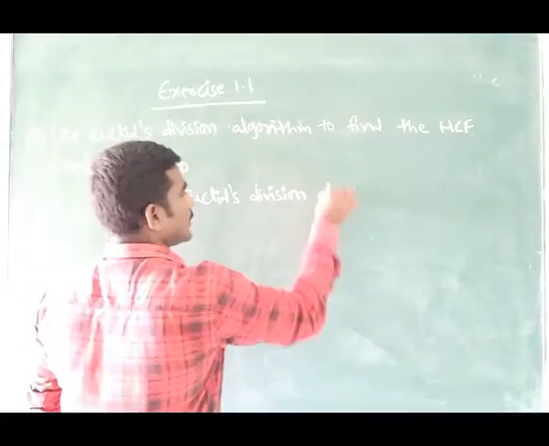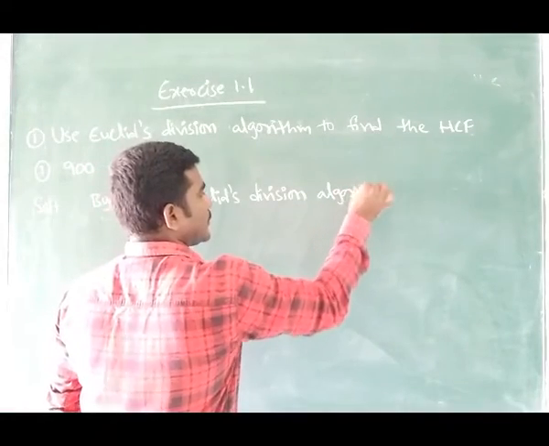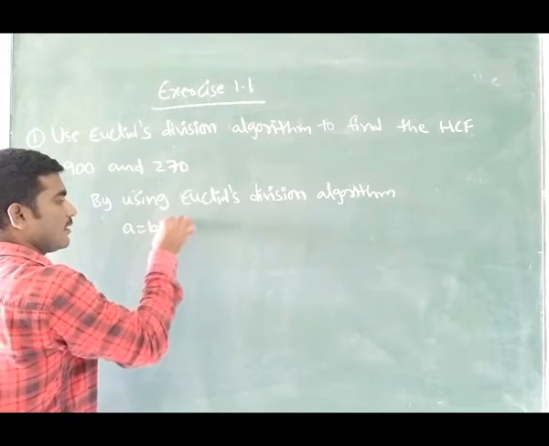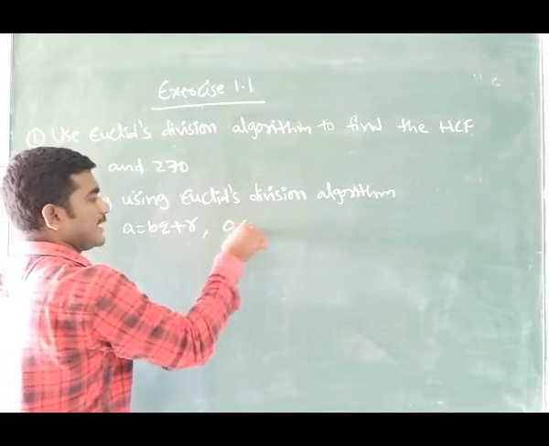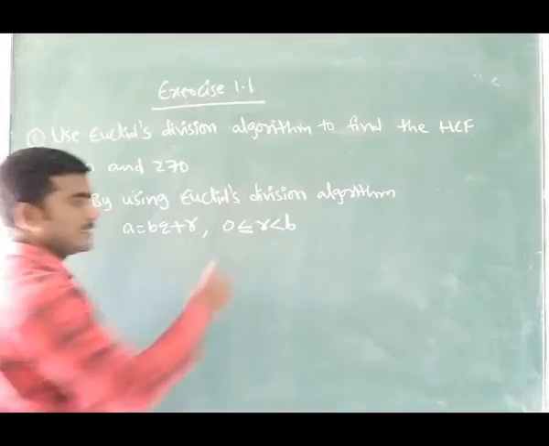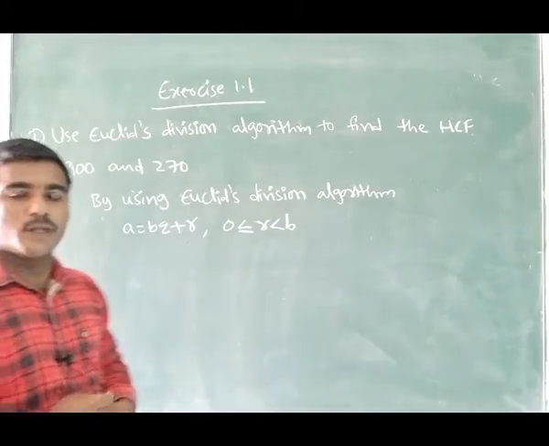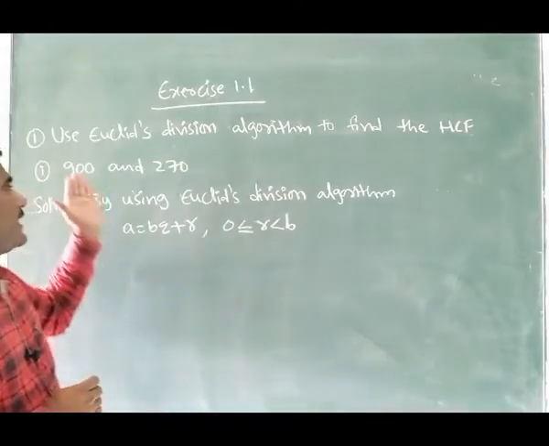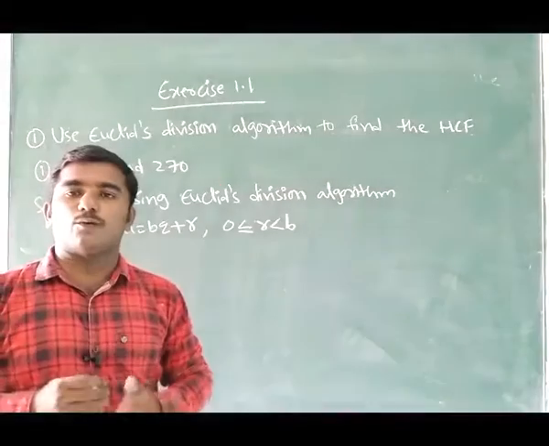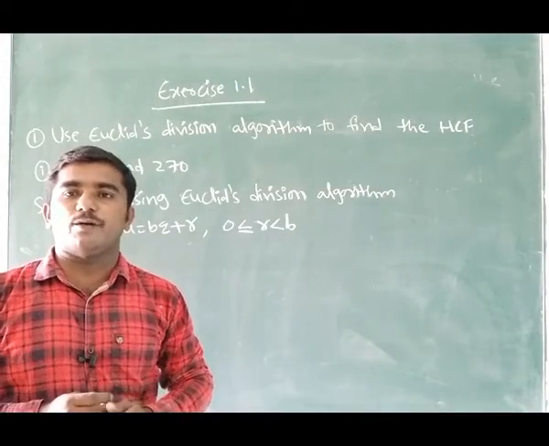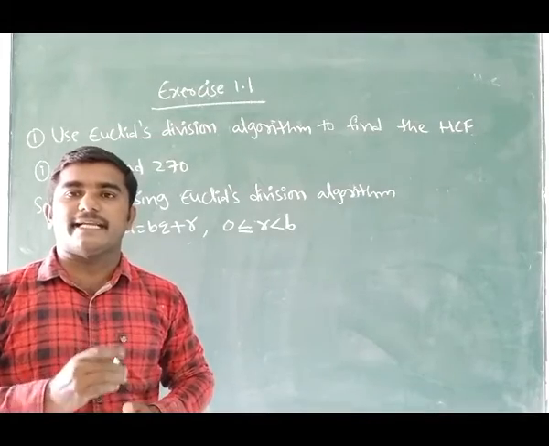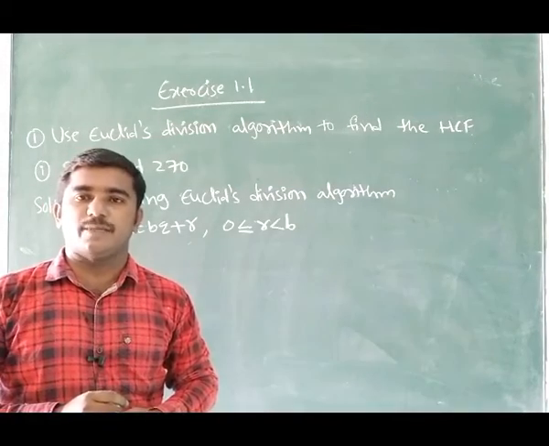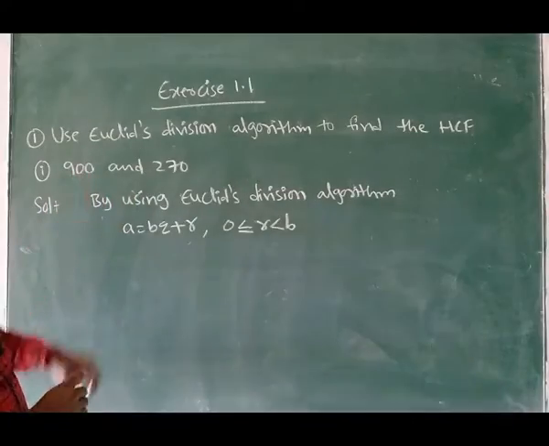By using Euclid's division algorithm, what is the formula? A is equal to BQ plus R, where 0 is less than or equal to R, and R is less than B. This is the Euclid division lemma. Now we have to find the HCF of two numbers. Given 900 and 270, of the two numbers, one number you have to take as A, the greater number, and the smaller number you have to consider as B. So the greater number here is 900.